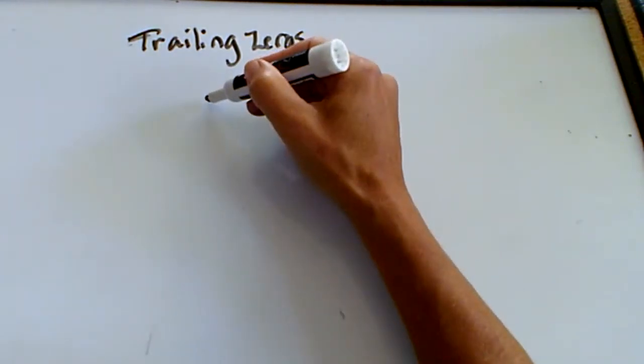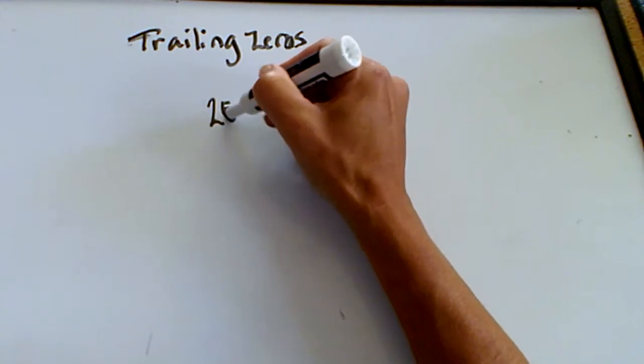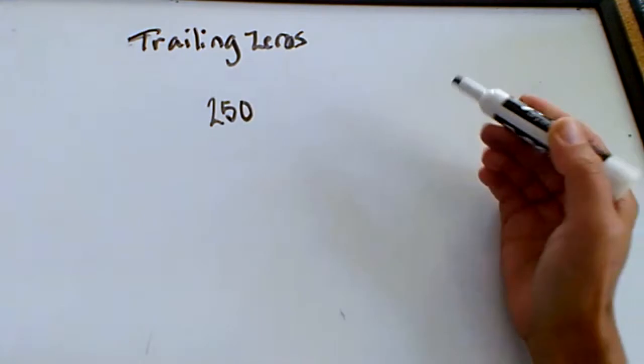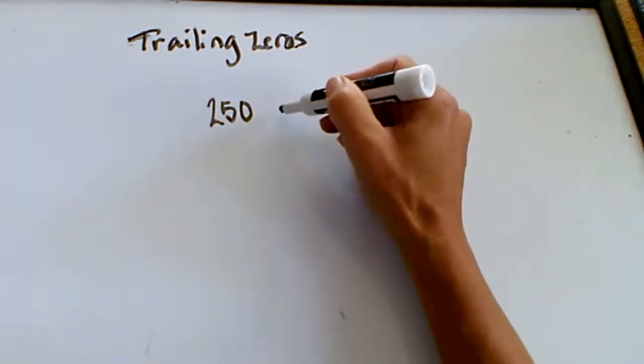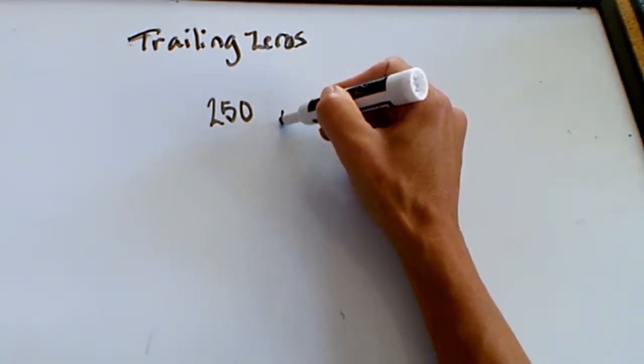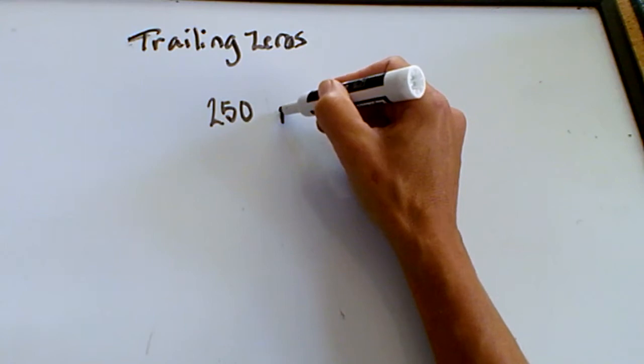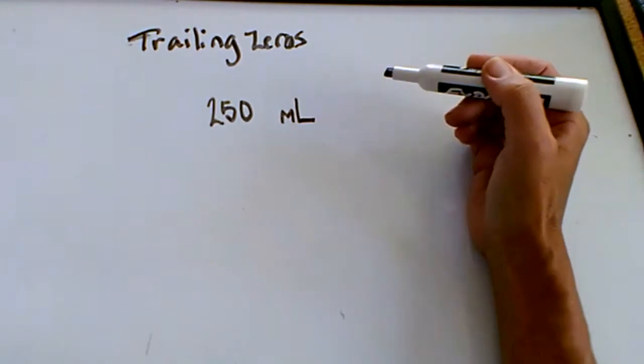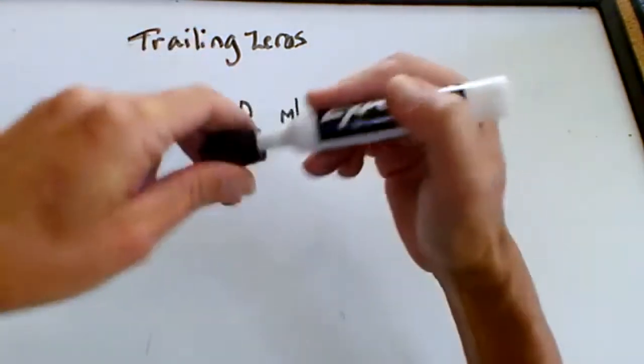So let's do 2, 5, 0. That'll be 250 milliliters. That's a common value. 250 milliliters. Let's look at this.